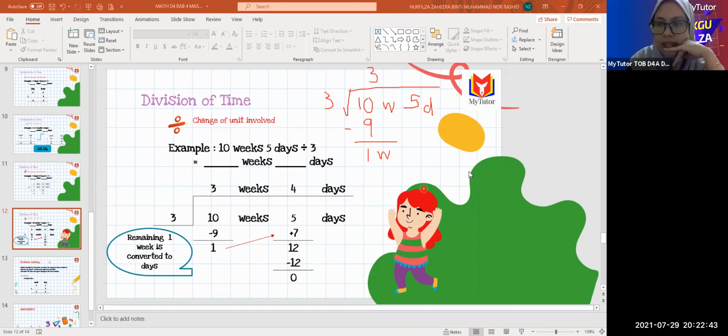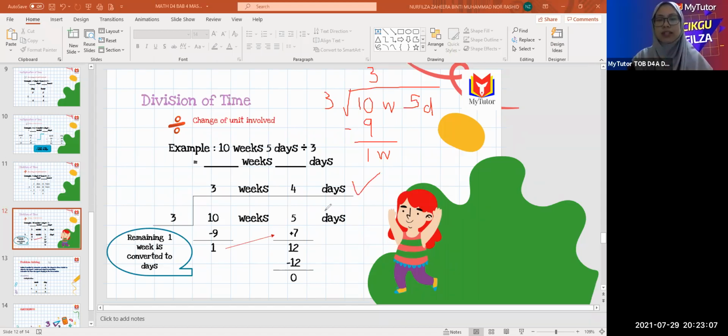All right, okay. So for those who write 3 weeks and 5 days, do you know why the answer is wrong? Do you know why the answer is 4 days, not 5 days? Okay, I see most of you got the correct answer, 3 weeks and 4 days.